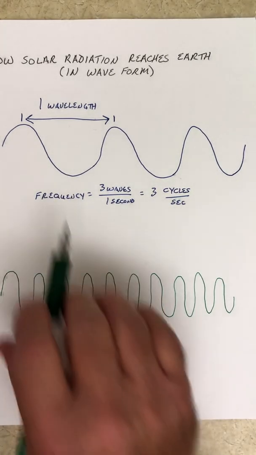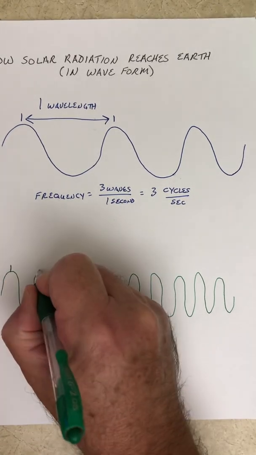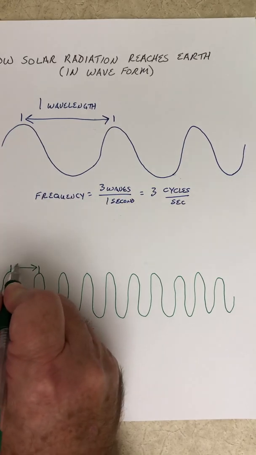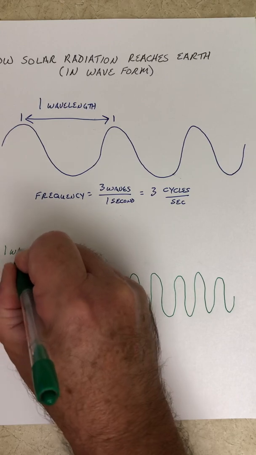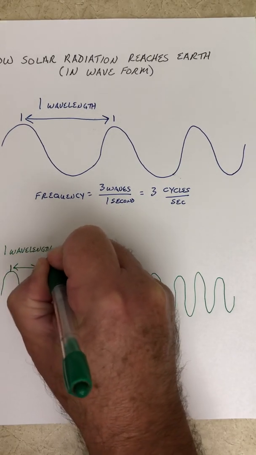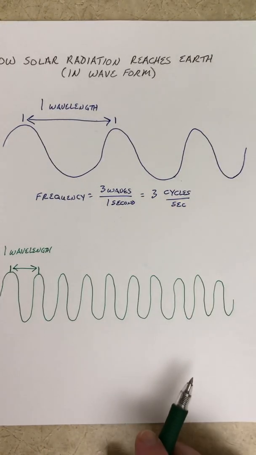You'll notice it looks different because its wavelength is much shorter. Again, wavelength will be the distance between successive crests or troughs. So here's one wavelength. It obviously looks different. The green looks different than the blue.